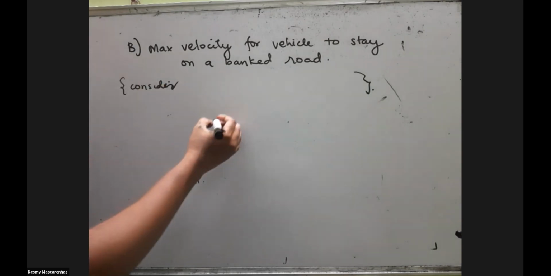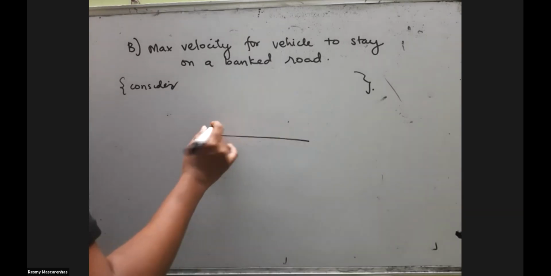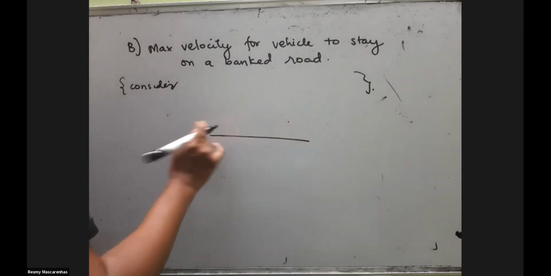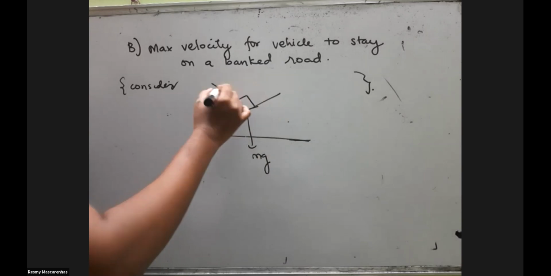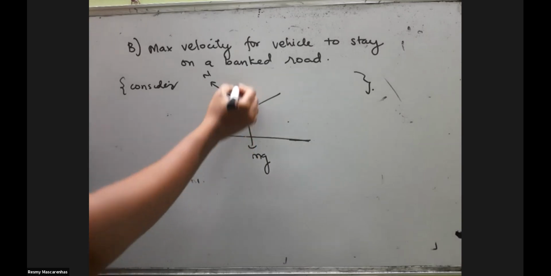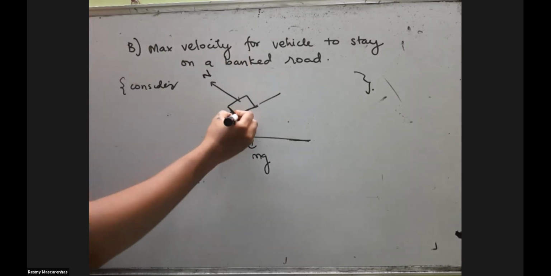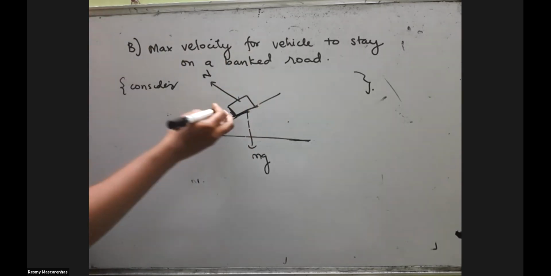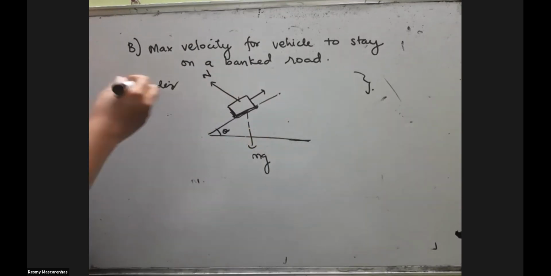Now we'll draw the diagram. So this is straight away mg. This is your N. This side was your what?